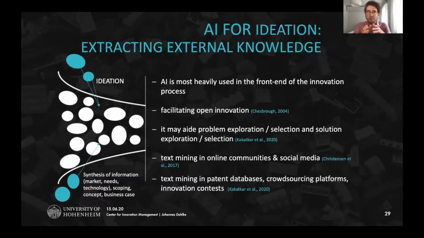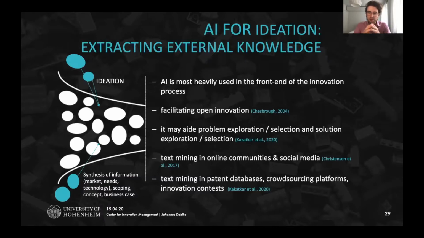Or they also examine the beer brewing community, where there are a lot of ideas for new processes to brew beer that are coming up in this online community and may be leveraged by a company that would manually not be able to handle all of this text data on their own, but an algorithm can identify the most interesting or the most frequent ideas that customers or consumers in a certain market are coming up with.